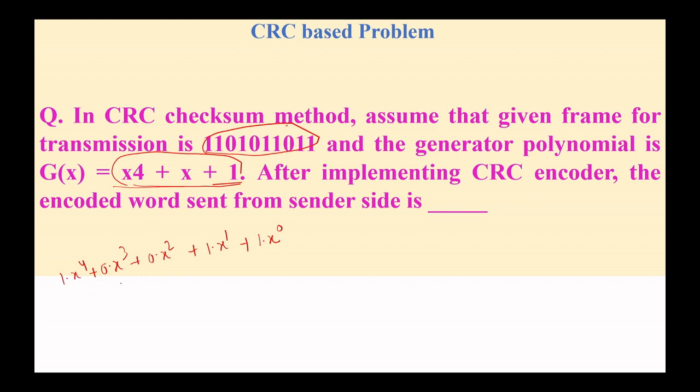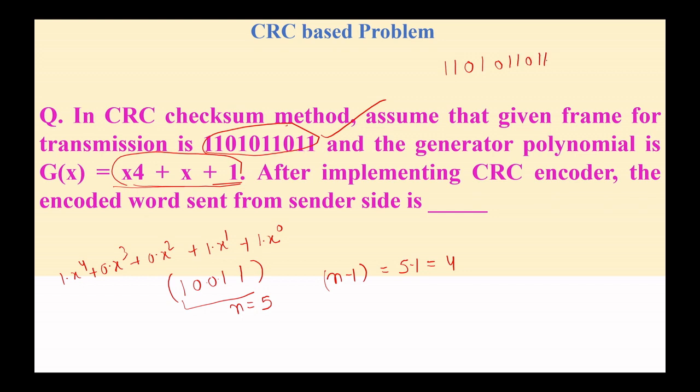If you write the binary data, it is 1 0 0 1 1. How many bits? 1 2 3 4 5. So n minus 1, that is 5 minus 1 bits, to be included in the message. So this is your message 1 1 0 1 0 1 1 0 1 1, and 4 extra 0s to be included here because these are the redundant bits, and this is your frame.